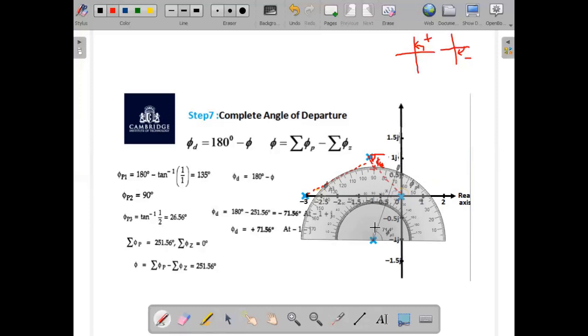Let us represent this angle. This gives you the angle of departure for the other complex conjugate pole. This is your reference line, 0 degree, and this is the angle of departure, which is plus 71.56 degree.